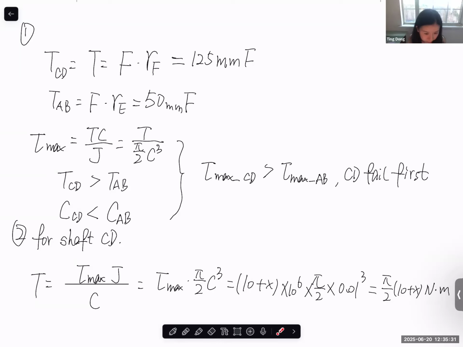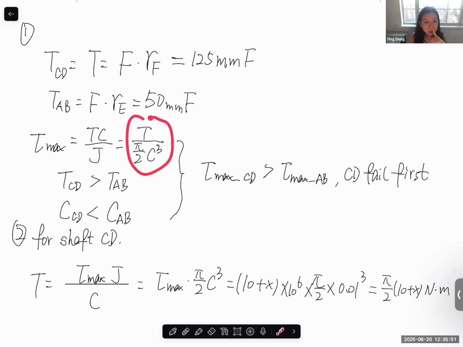How did CD fail first? Because maximum shear stress equals Tc over J. J is half pi C to the fourth, so one C is gone, and this becomes the equation.